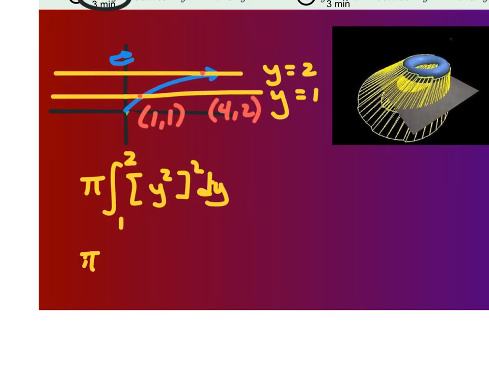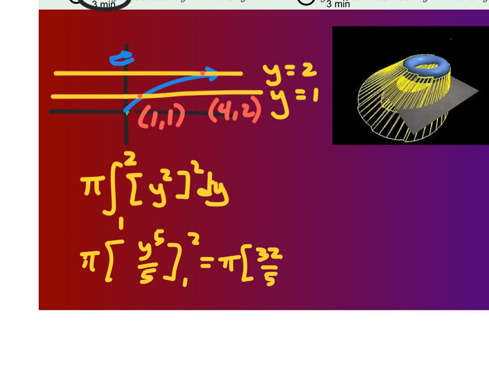That'd be pi times y to the, this would actually be y to the 4th, so that'd be y to the 5th over 5 from 1 to 2. All right, so let's do a little evaluating here. That would be 2 to the 5th, which is 32 fifths, minus 1 to the 5th, which is 1 over 5.